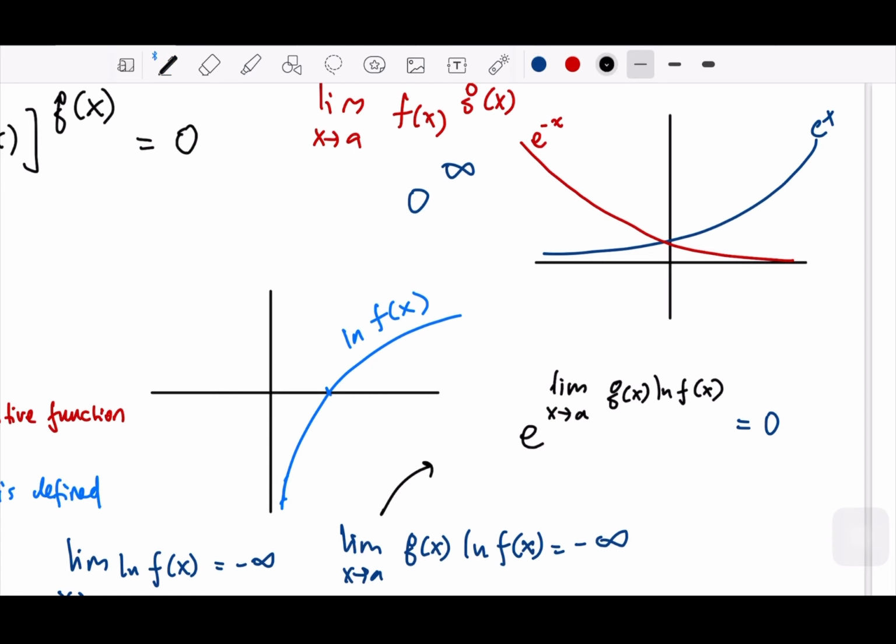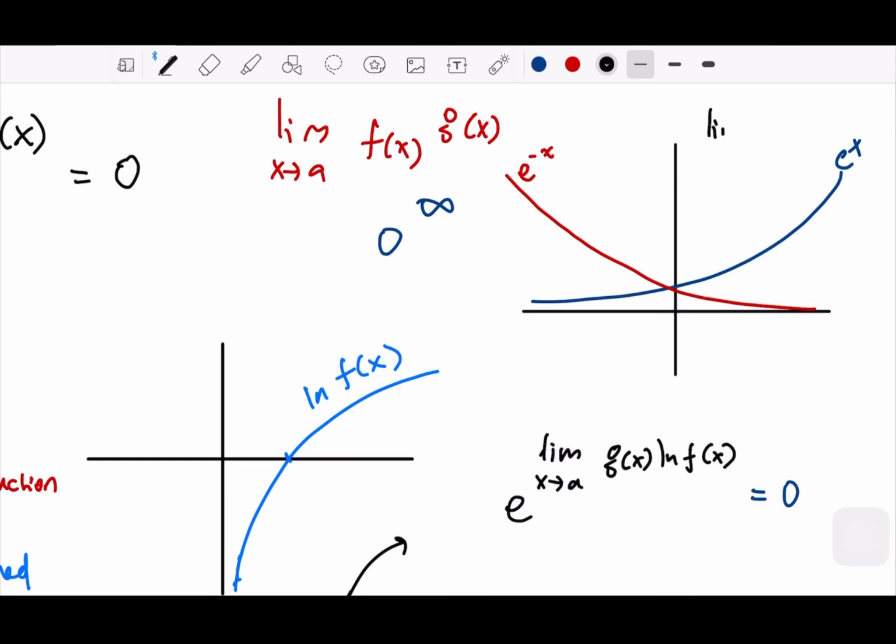So we can also think as from here, limit as x approaching negative infinity of e to the x will be 0. Or similarly, limit as x approaching infinity of e to the power of negative x is also 0.